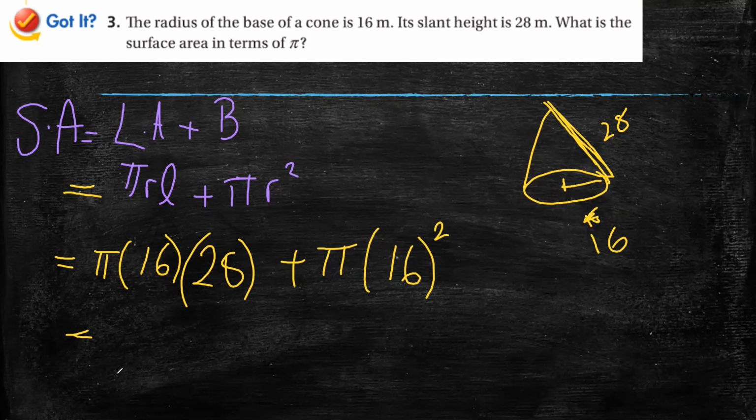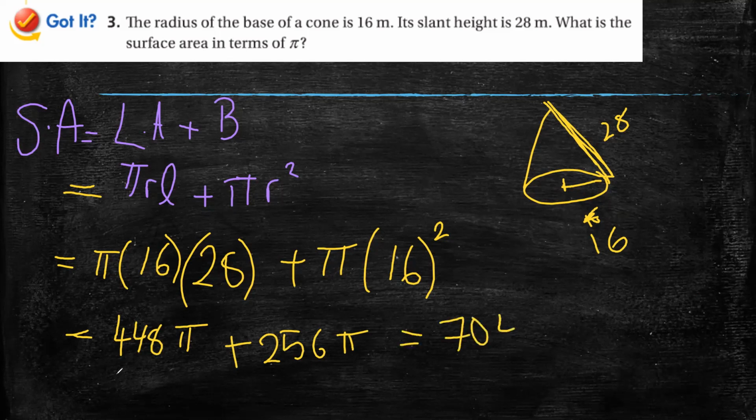Teacher, the answer is 704 pi. So it is 448 pi plus 16 squared pi, which is 256 pi. If you add 256 plus 448, it will be 704 pi. This is meters squared. This is now the surface area of the cone.